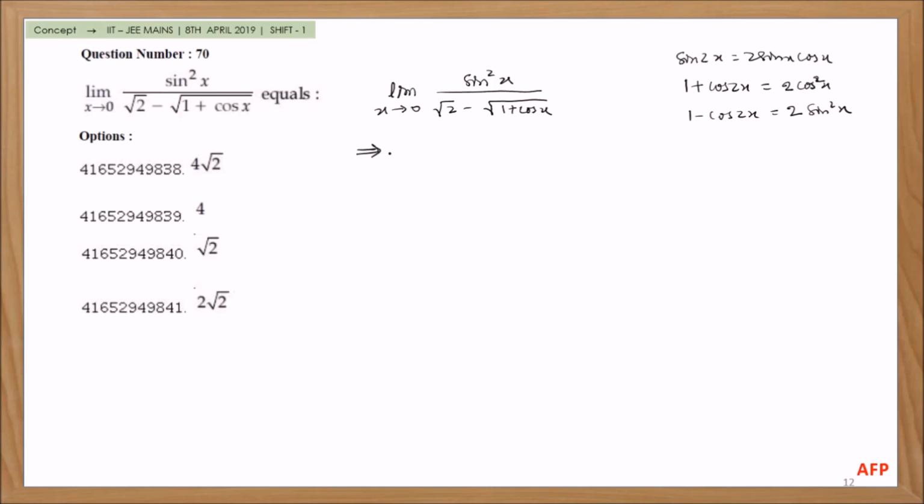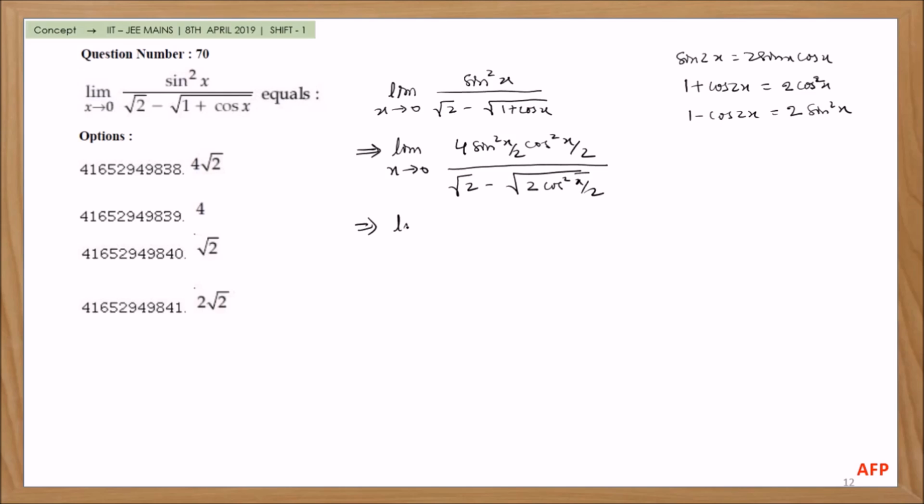So first one, the numerator we can write 4 sin square x by 2 cos square x by 2 using this formula. Divided by, the denominator root 2 as it is, 2 times cos square x by 2 we can write.